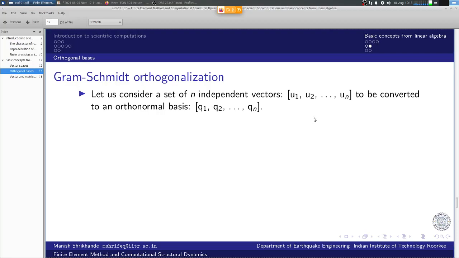The whole idea, we agree that a set of linearly independent vectors is sufficient for construction of a basis or for representing any arbitrary vector in n-dimensional space, because each of these n vectors is going to add some new information as long as they are linearly independent. And it's as simple as: as many variables, as many equations.